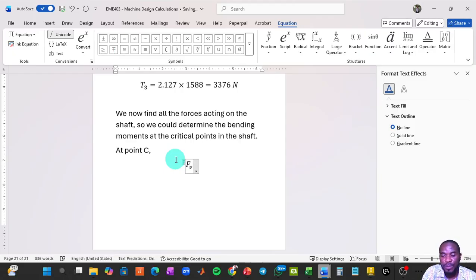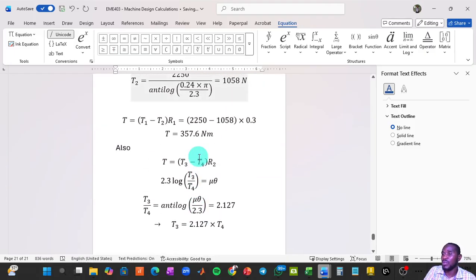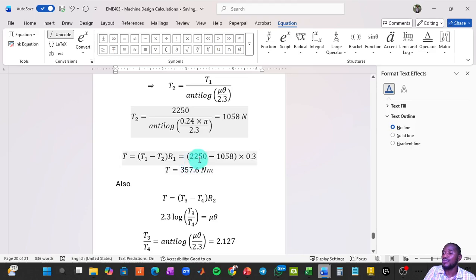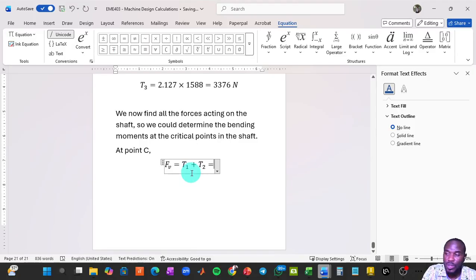Vertical forces at point C are given as a sum of the tensions acting at that point. So what are T1 and T2? We had found them before: 2250 and 1058.